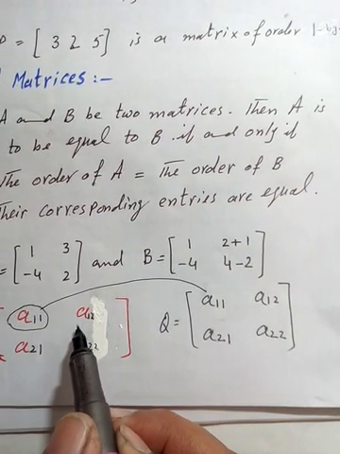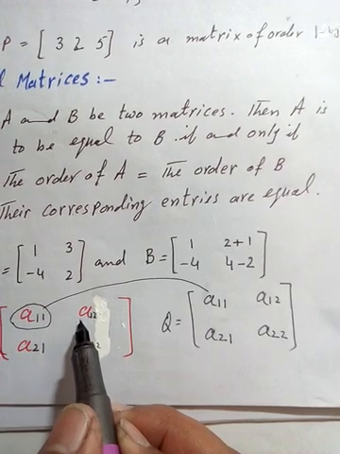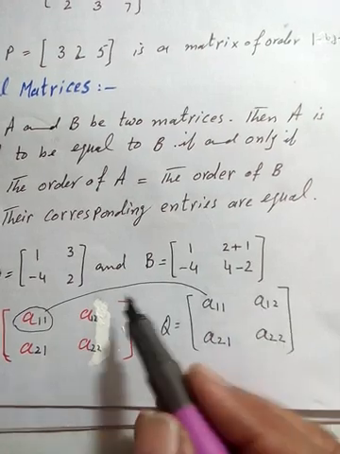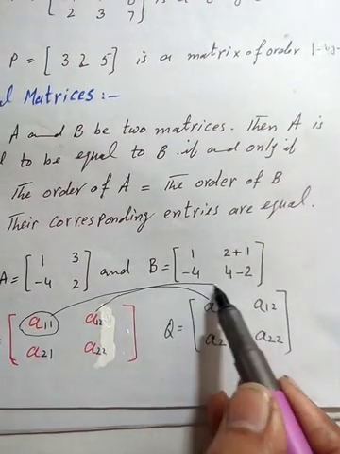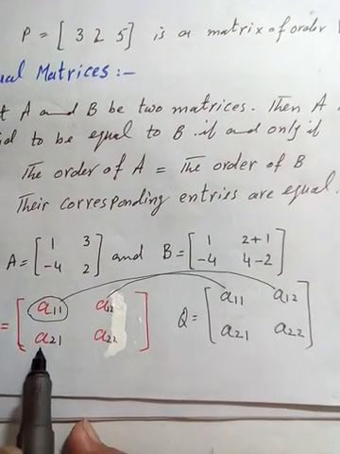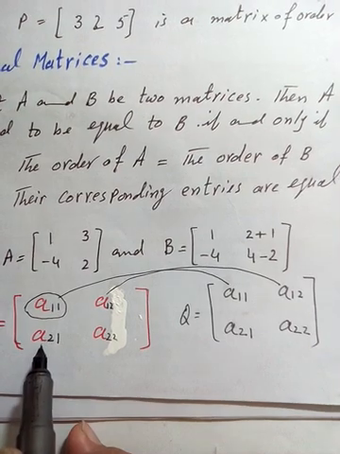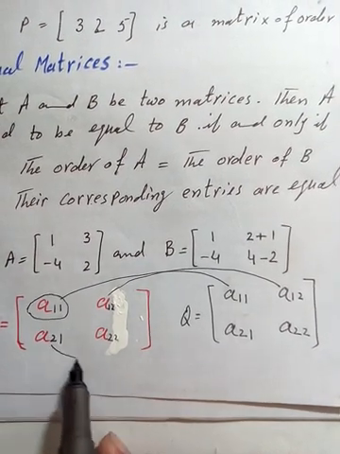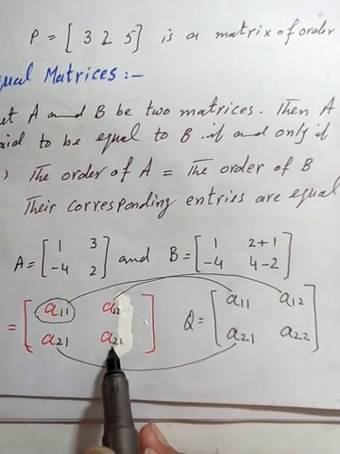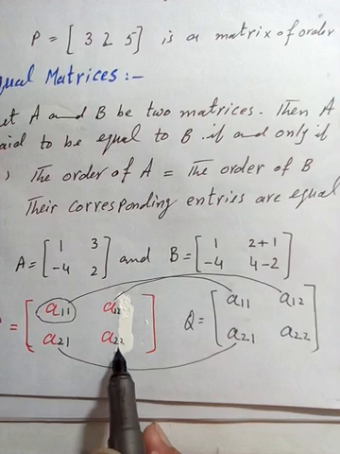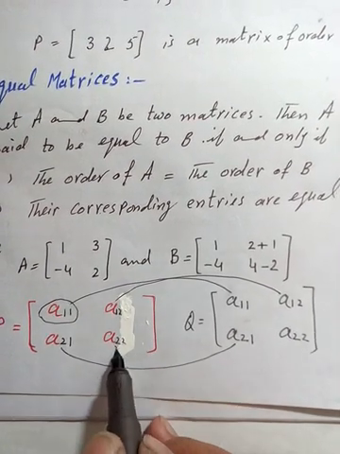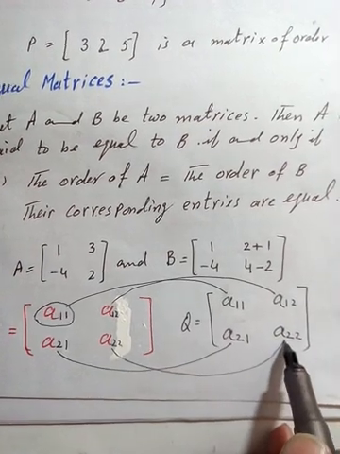The element at row number 1 and column number 2 corresponds to the one at row number 1 and column number 2 in the other. Likewise row number 2 and column number 1 have their corresponding element, and for A22, row number 2 and column number 2, the corresponding element is this.